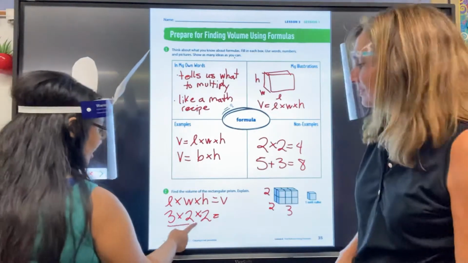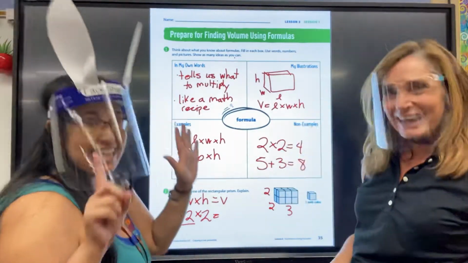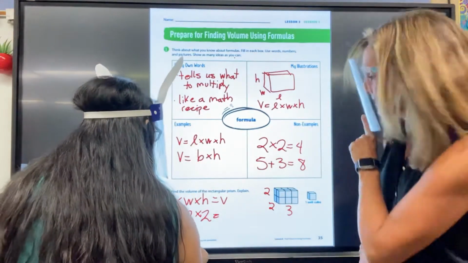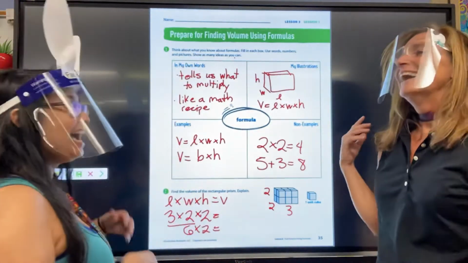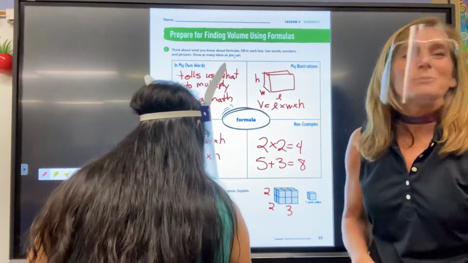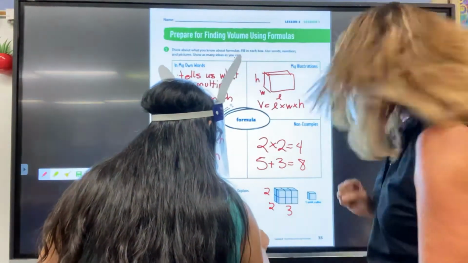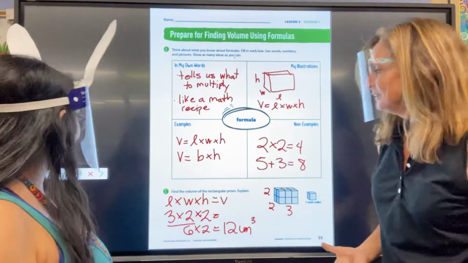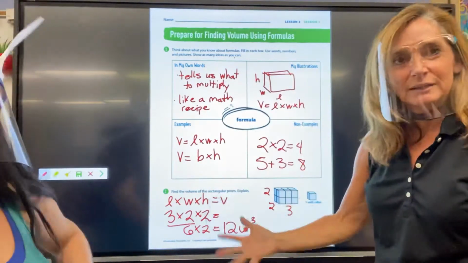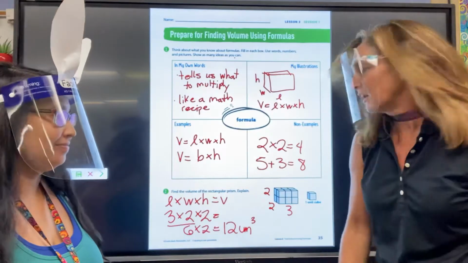Excellent. And 3 times 2 is 6. And that's our base. And then our base times 2 would be 12. We knew we'd get her room number in there somewhere, huh? Okay. And that would be cubic units. Excellent. So that's an easy way to look at formulas in terms of finding our volume.